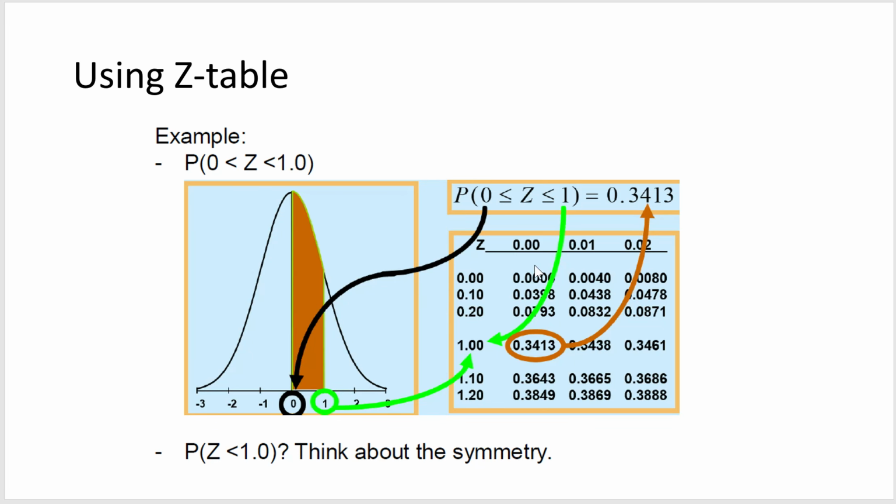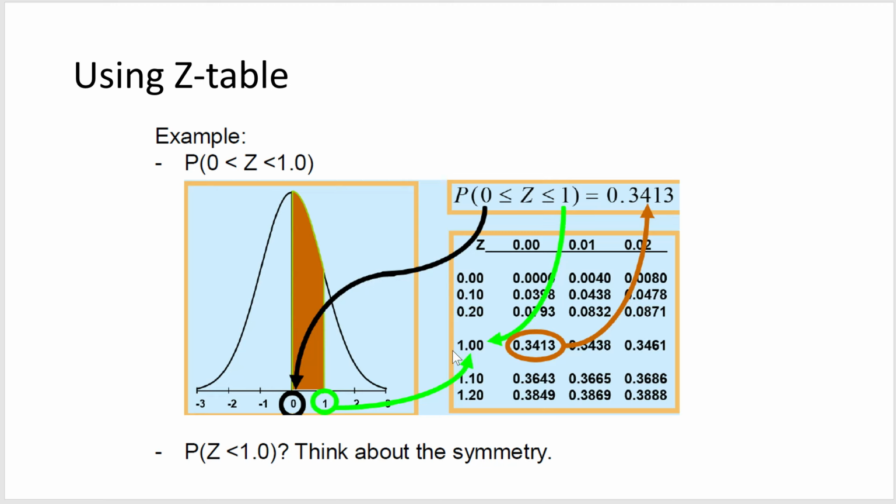So this is how a z-table looks. Let's say you scored z equal to 1 from the mean. So this is the mean, this is 1. Just have a look here.